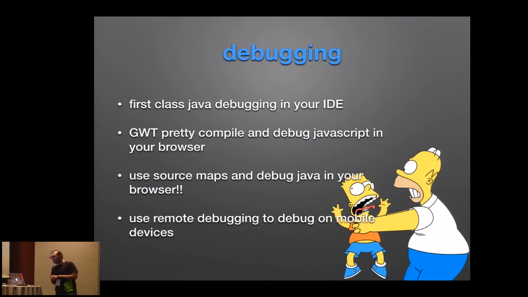So what's nice is you can always do the GWT pre-compile, and you can do remote debugging to see what's failing or what's not really working on the mobile device.